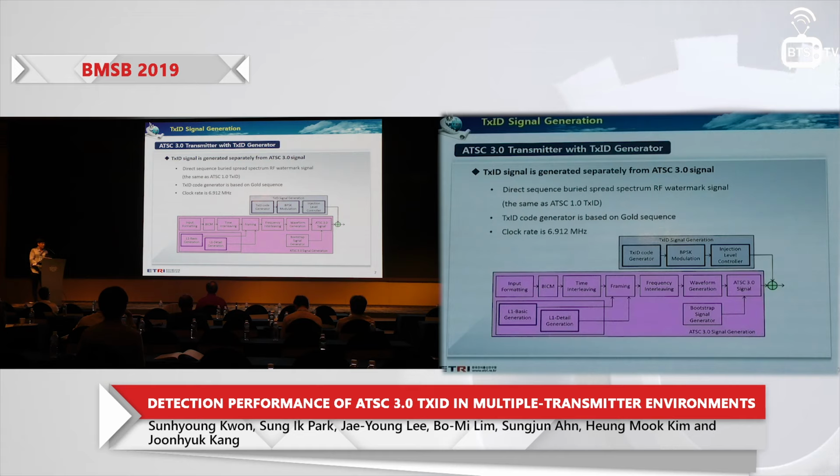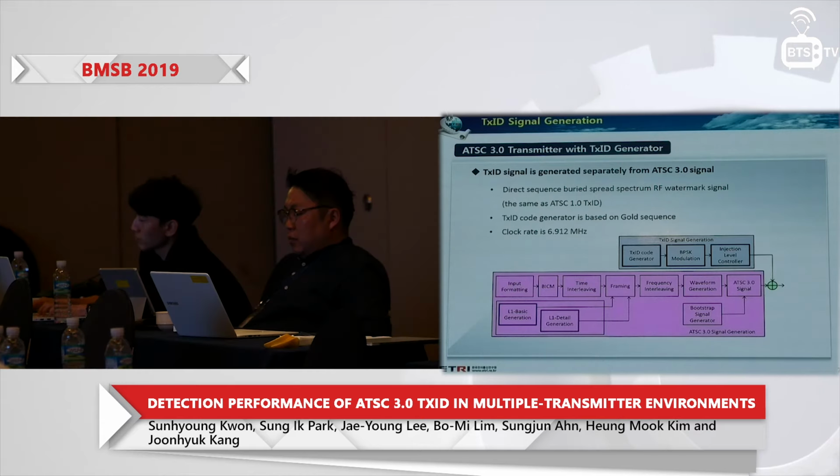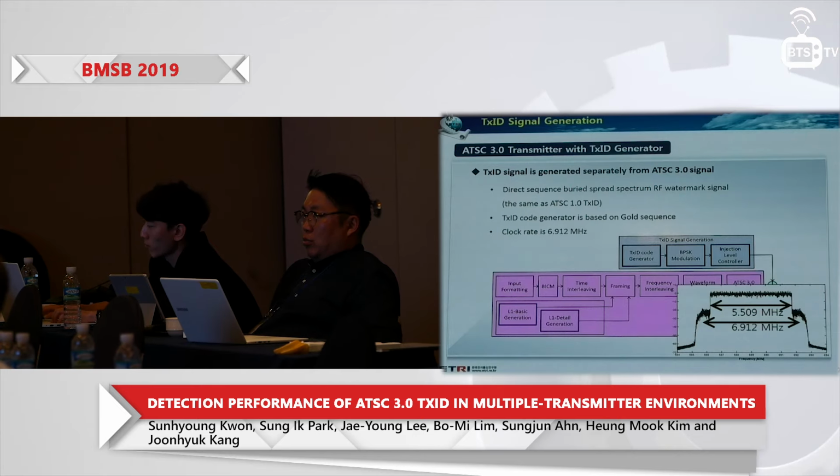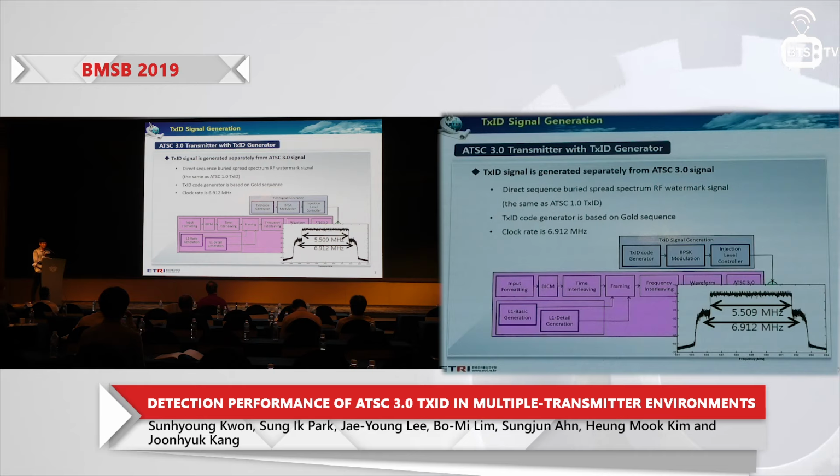Then it is modulated by BPSK and injected into the normal ATSC 3.0 signal. Because the clock rate of the TxID signal is approximately 6.9 megahertz, it has a bigger frequency bandwidth than the normal ATSC 3.0 signal, as shown in the figure below.